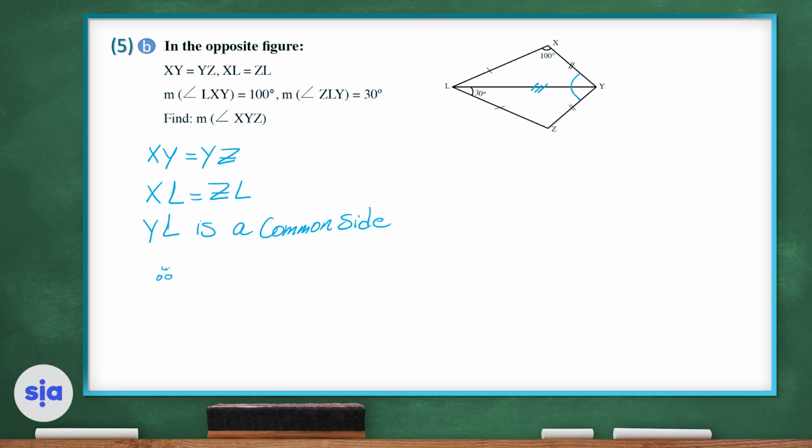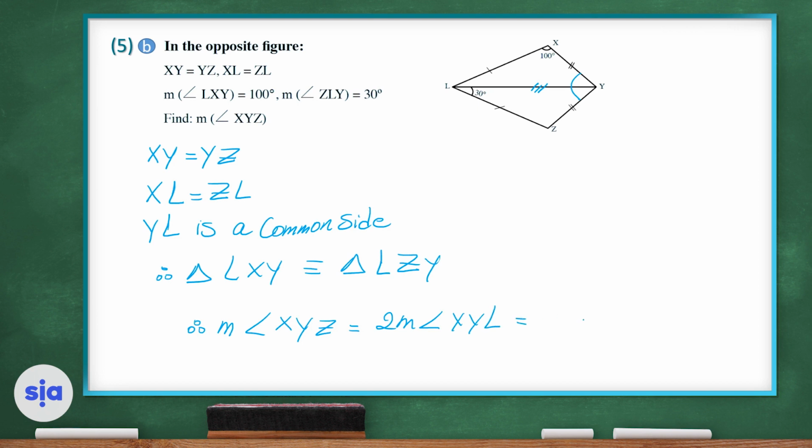Then for sure triangle LXY is congruent to triangle LZY. Therefore, the measure of angle XYZ equals the measure of angle XYL, which is 2 times 50, which is 100 degrees.